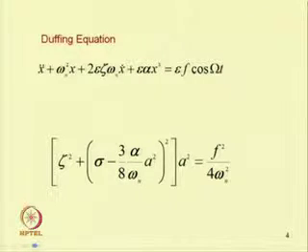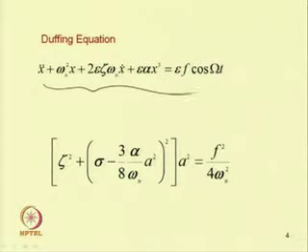For example, let us take the Duffing equation. Here one can write the equation of motion in this form: x double dot plus omega n square x plus 2 epsilon zeta omega n x dot plus epsilon alpha x cube equal to epsilon f cos capital omega t.